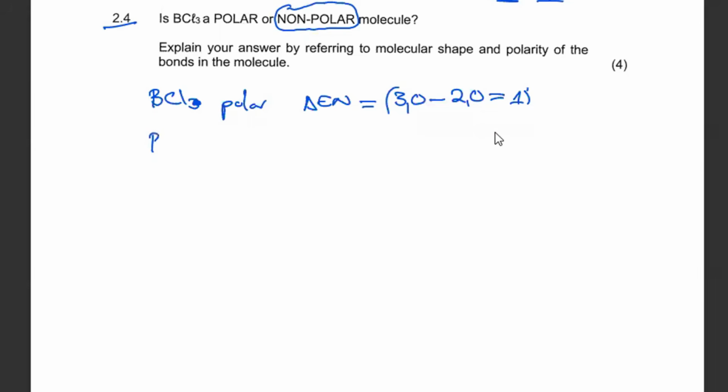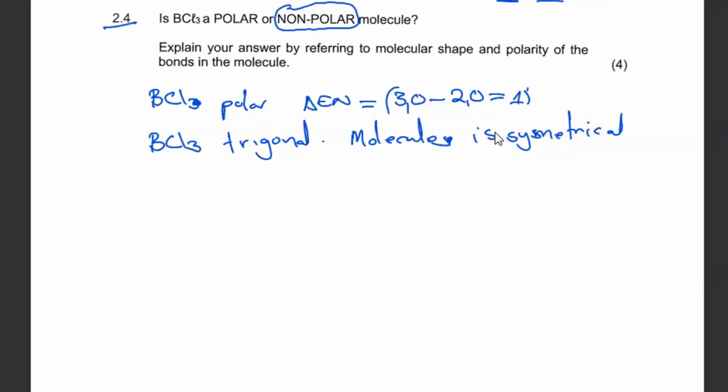But for BCl3, what we're actually having here is going to be what? A trigonal. If we're having a trigonal, it means the molecule, because it's BCl3, is symmetrical.